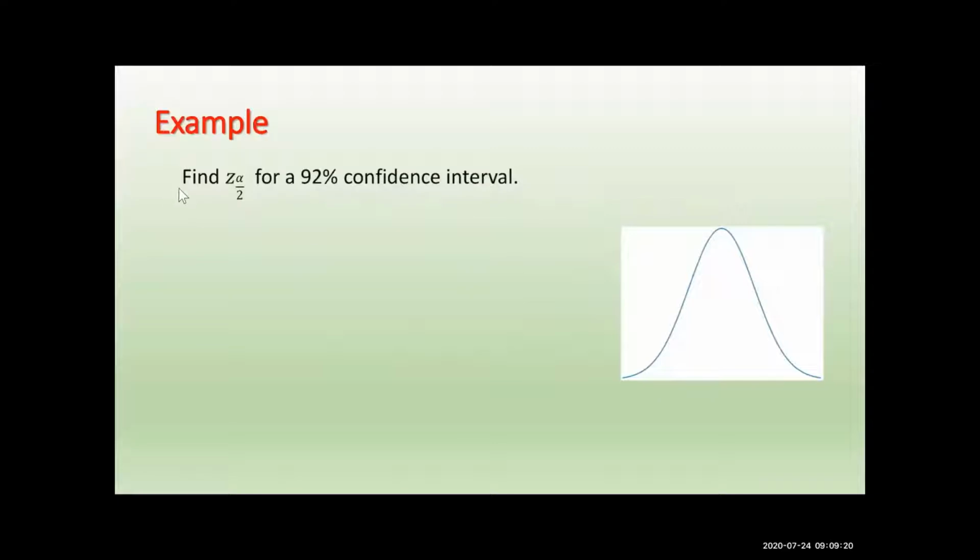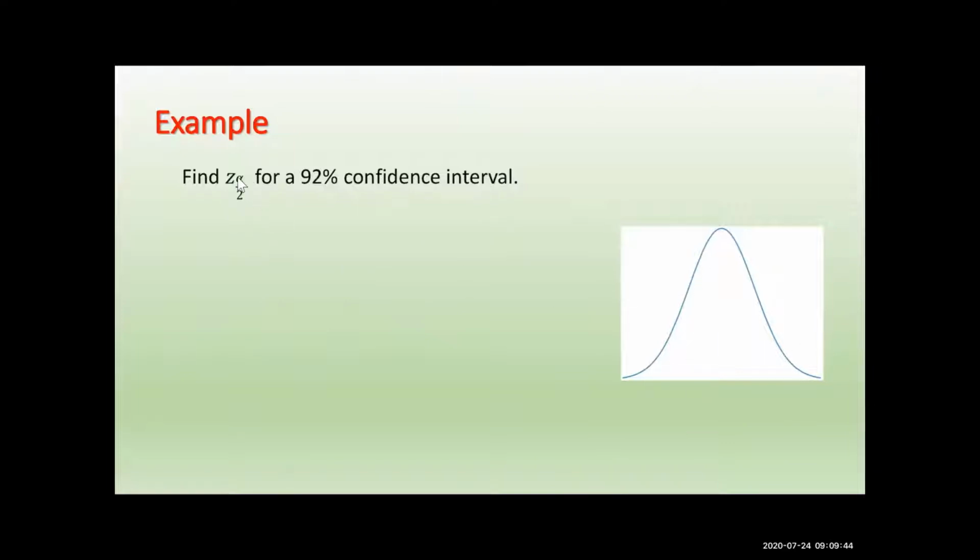Example: find Z alpha over 2, or we also say Z critical, for a 92% confidence interval. Let's find out what this is. Whenever we are talking about the Z value, we have the standard normal distribution.